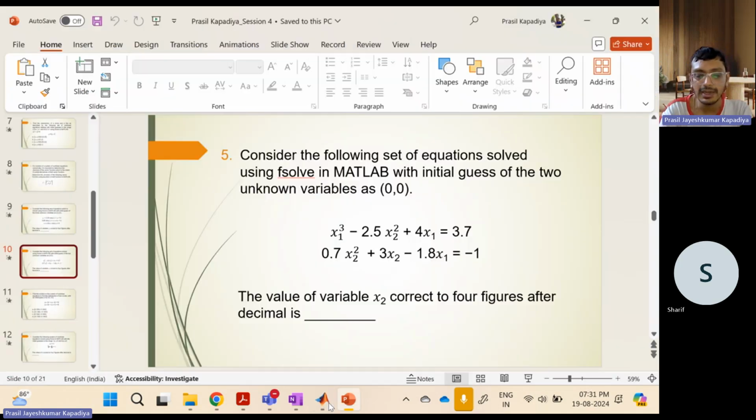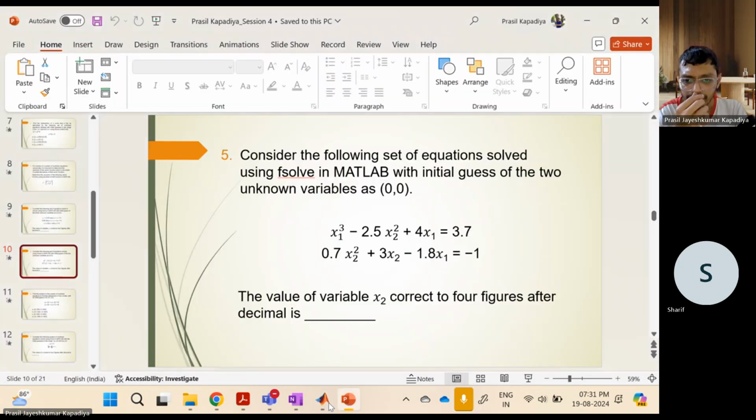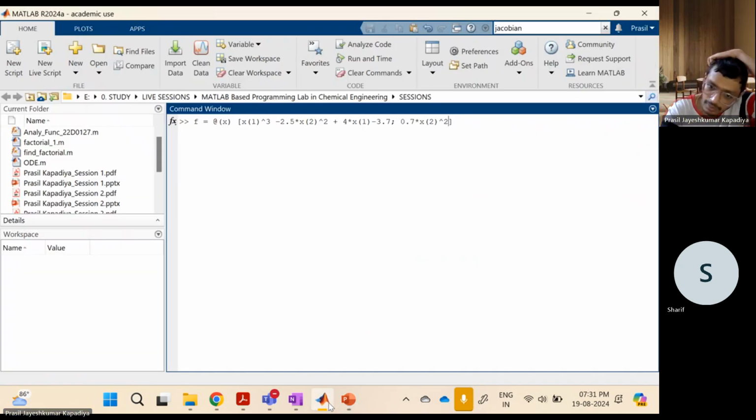Okay, my second equation is 0.7 x2 square plus 3 x2.